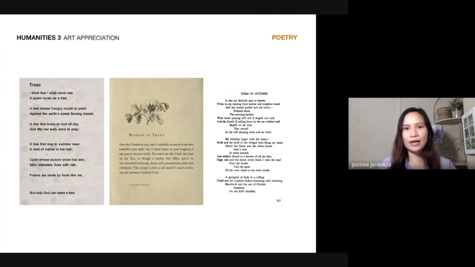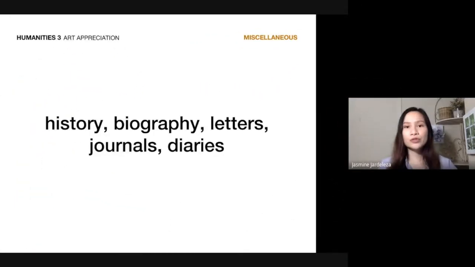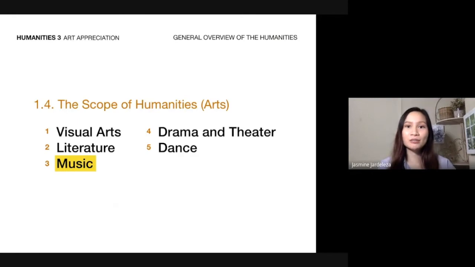We also have lyrical poetry, which includes forms like the sonnet, ode, elegy, and song. There are also other forms of writing which we could consider as literature, and that includes history, biography, letters, journals, and diaries.